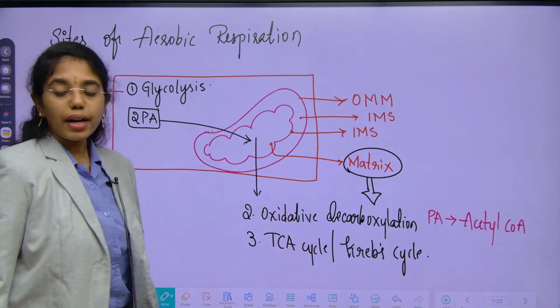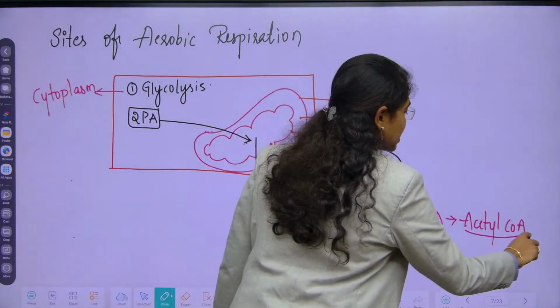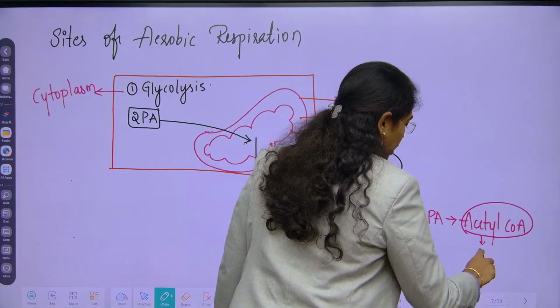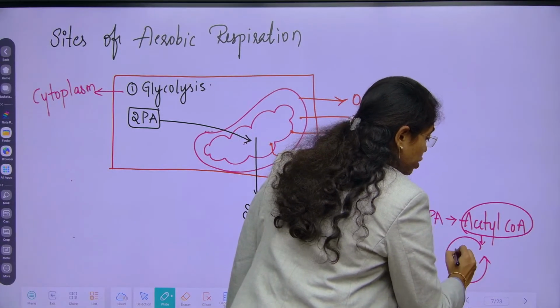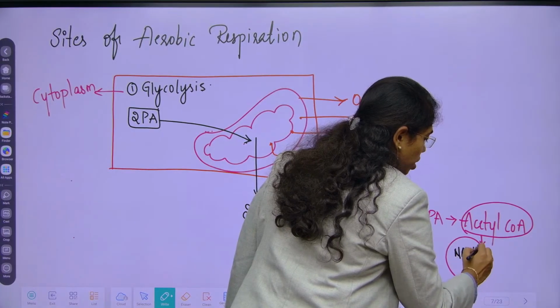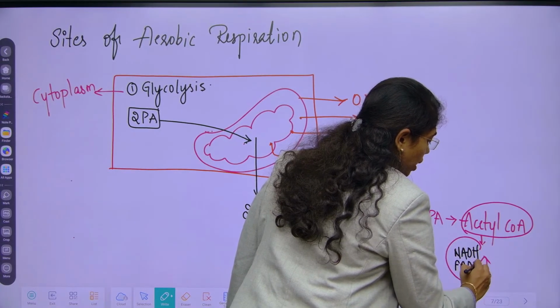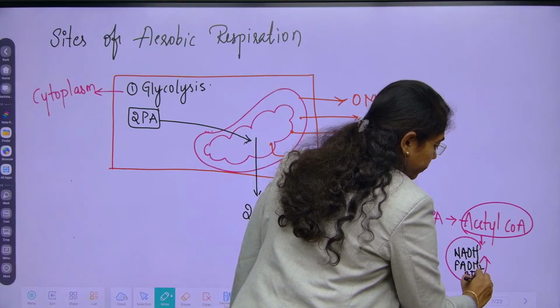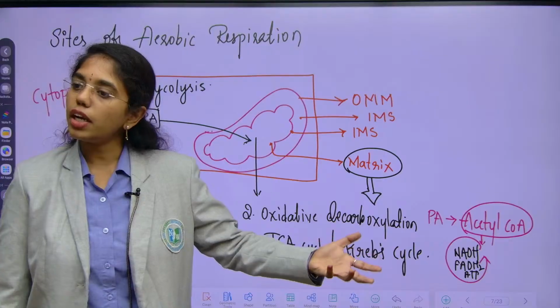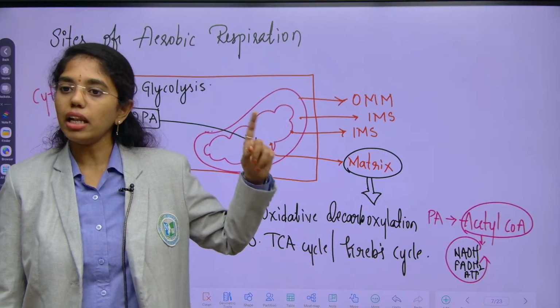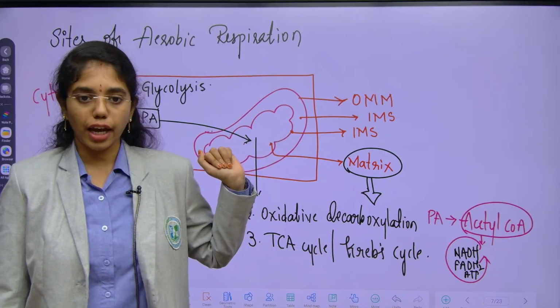Right? Wherein acetyl-CoA will start continuing this cycle, and at the end of this cycle, this will synthesize high energy rich molecules NADH, FADH2 and ATP. How much amount of NADH, FADH2, that we will learn in bioenergetics of TCA cycle when we are discussing respiration in higher plants.